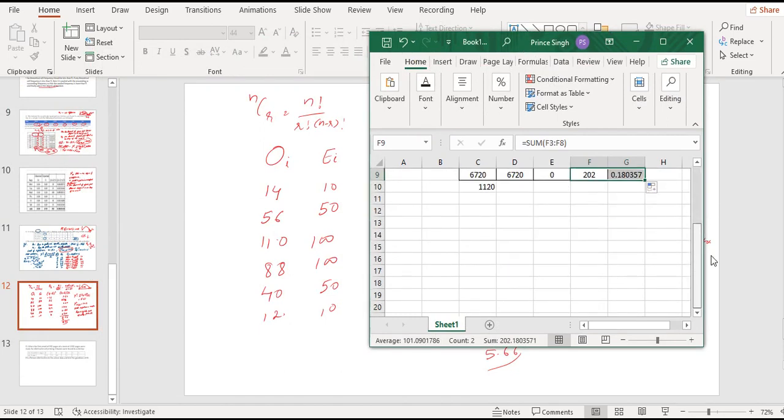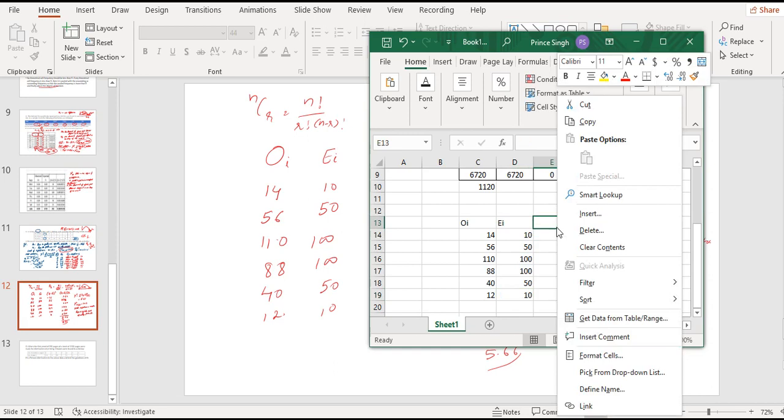For example, if I consider here the observed frequency is 14, 56, 110, 88, 40 and 12, and the expected frequency, it is 10, then 50, then 100, then again 100, then 50, and then 10. Okay, because these are binomial coefficients, right?